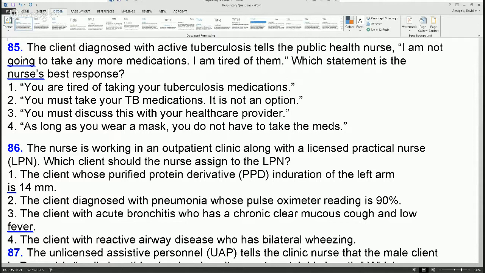You weren't here earlier for this. If I'm not going to like it, then I wouldn't like two. It is 2. Clients with active TB must take it for a year. If the client refuses, a court order will be obtained to make them take it in a community threat. Nice.